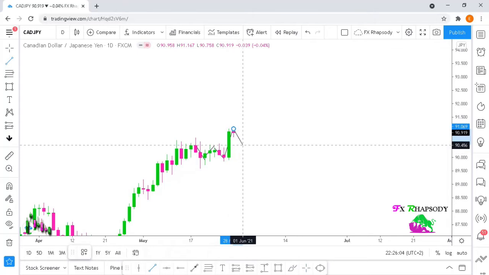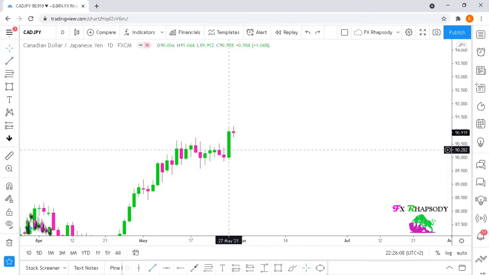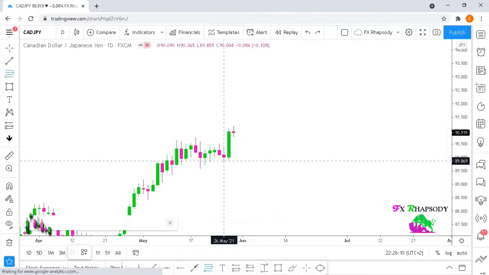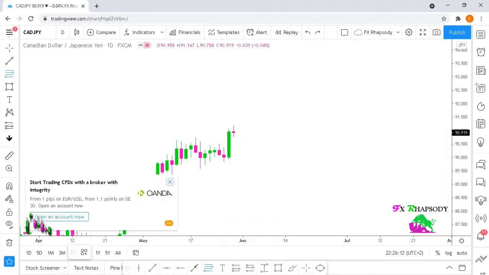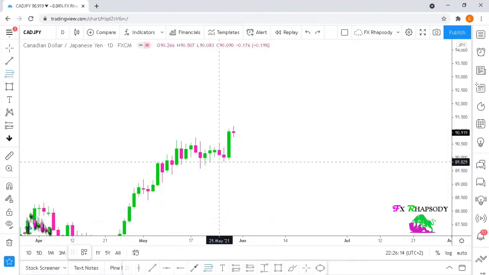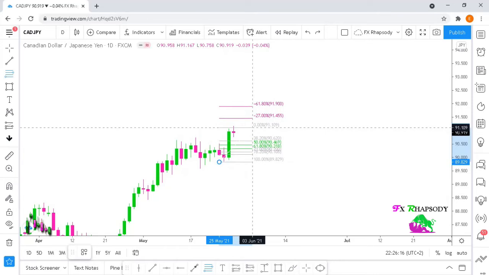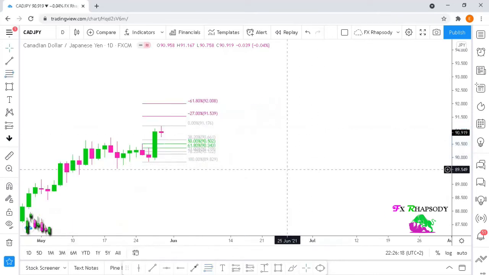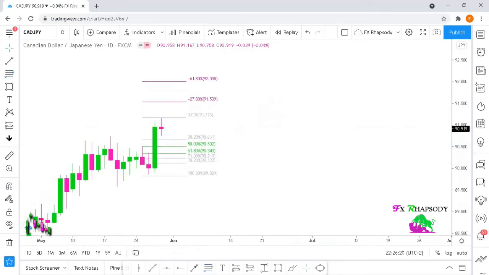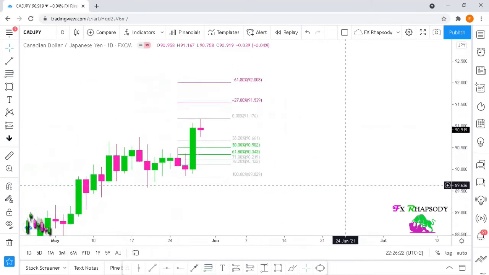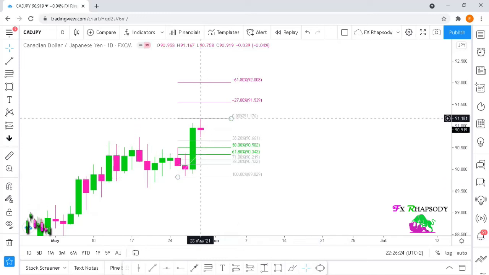And a lot of times, especially with the currencies, what it does is it makes a retracement to the 38.2%. So basically what we do is we take our Fibonacci from the low to the high, and we can see that a little bit of a retracement started happening, not quite touching that 38.2% yet.